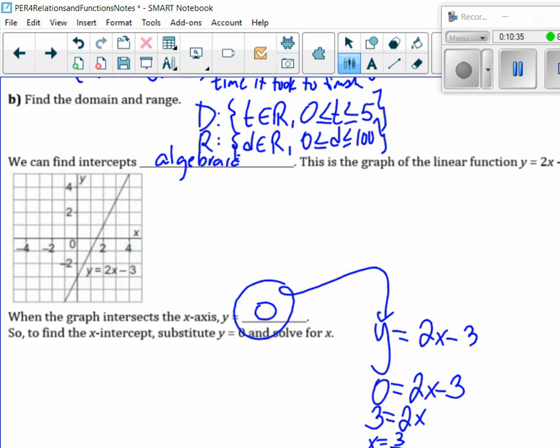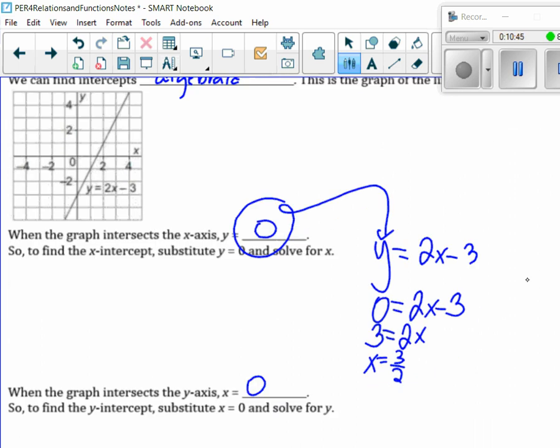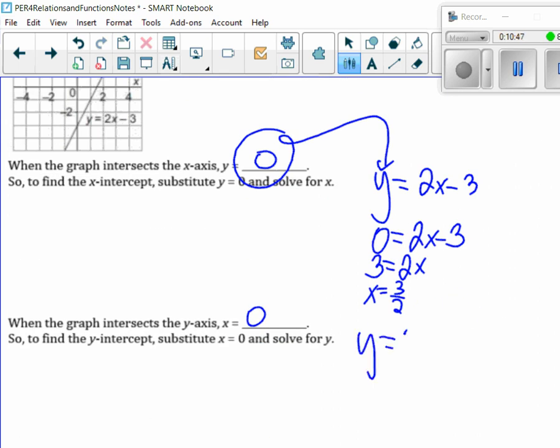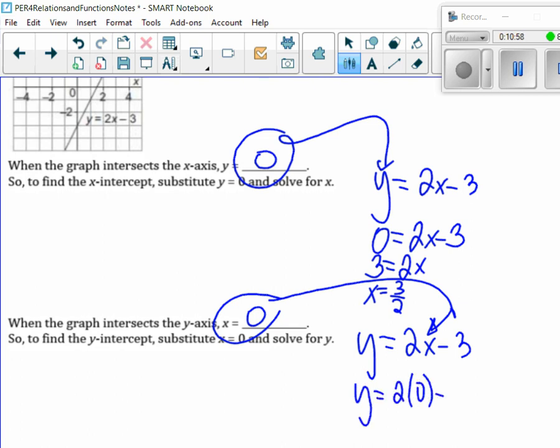Makes sense, right? Okay, when the graph intersects the y-axis, what do we know about that? X is 0. So although we can see that it's -3, let's solve for it. Y equals 2x minus 3. This time we're substituting 0 into the x. So we get y equals 2 times 0 minus 3.